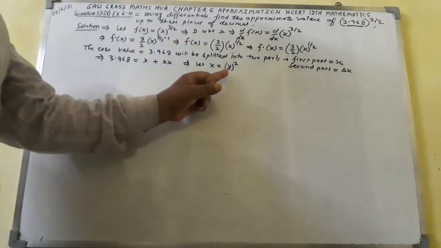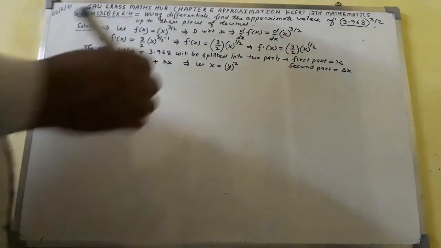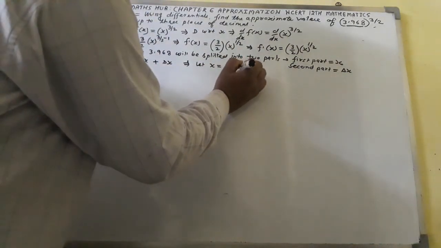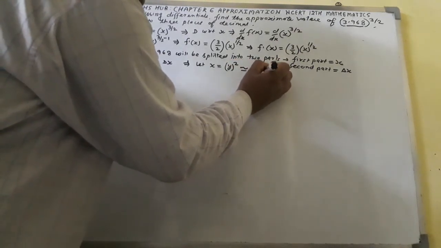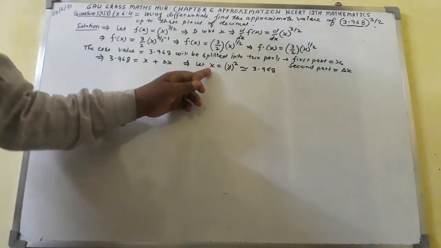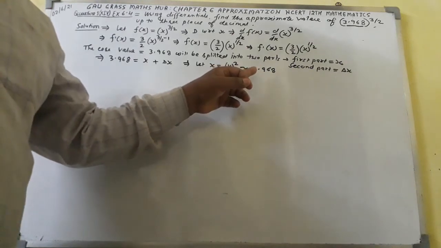Now find the value of y. This one will be approximately 3.968. x equal to y squared, approximately 3.968.